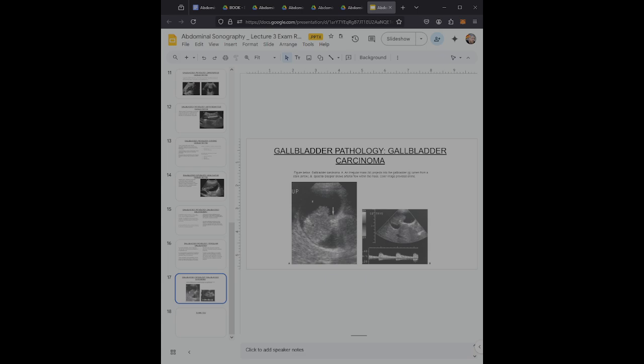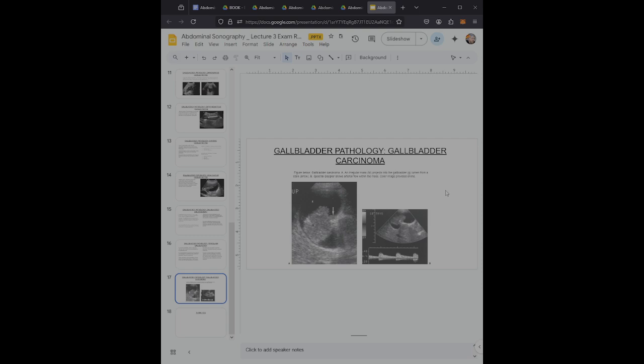So a gallbladder carcinoma may appear as a distinct, non-mobile hypoechoic mass within the lumen of the gallbladder, or as diffuse gallbladder wall thickening. It may also appear as an irregular polypoid mass that completely fills the gallbladder fossa, and it may have invaded the adjacent tissue at the time of diagnosis.